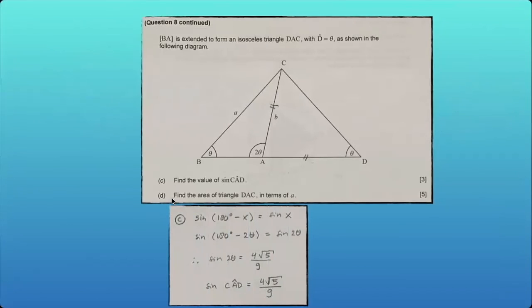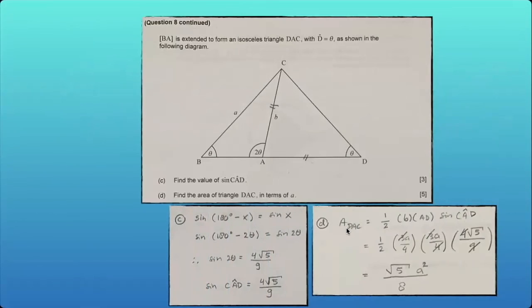Moving on to question D. Find the area of triangle DAC in terms of A. Area DAC is equal to half times B times AD times sine CAD. We have found B previously, and that is equal to 3A over 4.